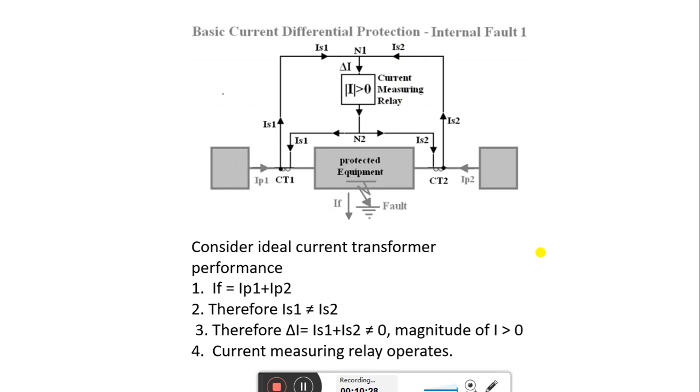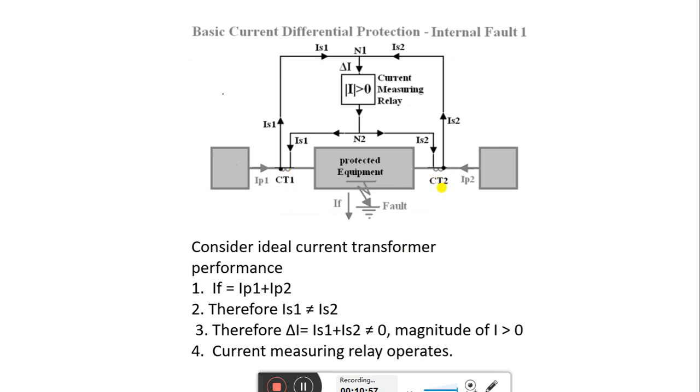Now we'll talk about the internal fault. Let us say the fault is here, that is lying inside the protected zone. Then what will happen? Consider the ideal current transformer again, that the turns of CT1 and CT2 will be equal, and the resistance and inductance of the current transformers will also be equal.